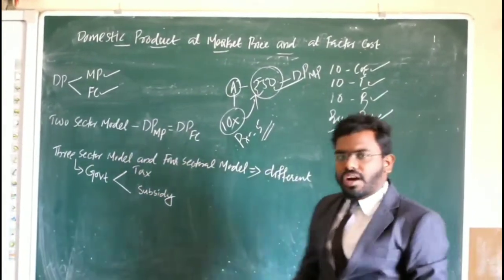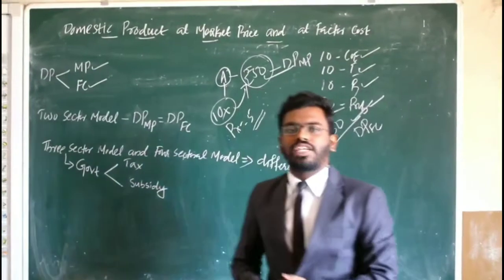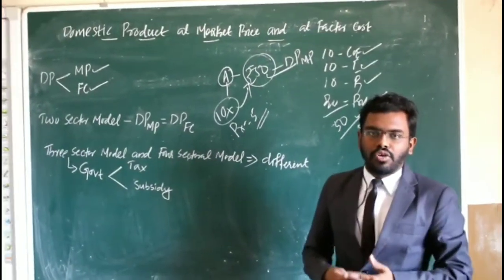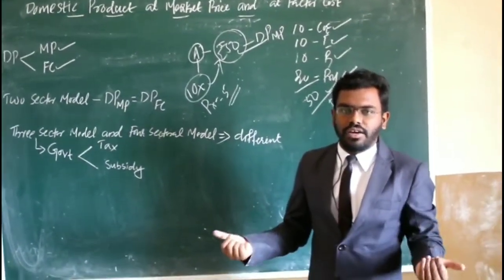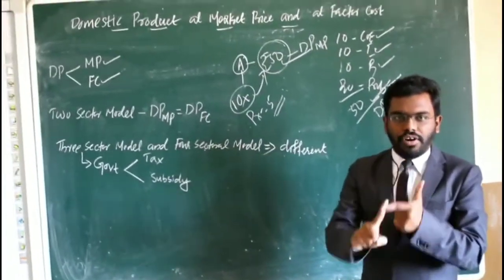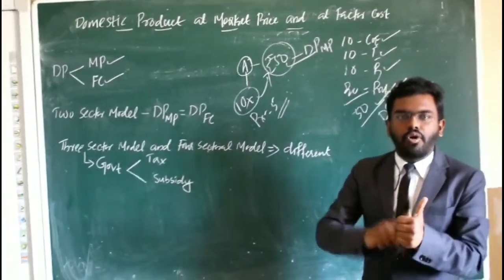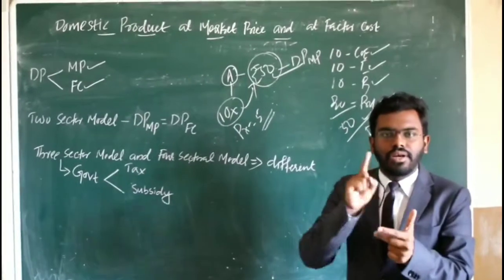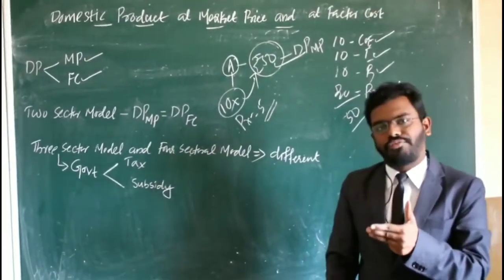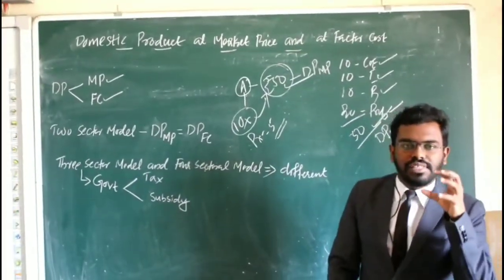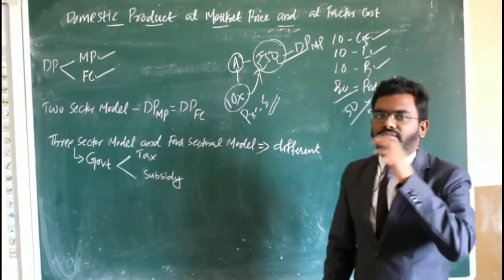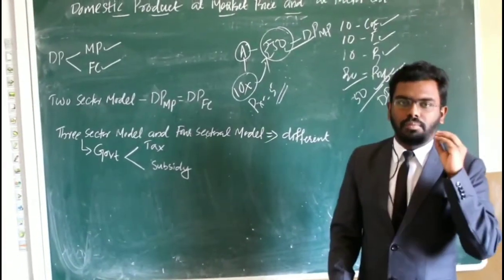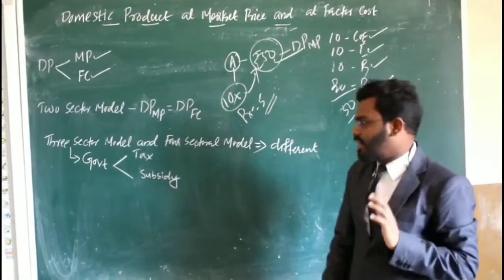But when we come to the third sector model as well as fourth sector model, so in third sector model, which sectors are included? Household, firm, government. Fourth sector model, household, firm, government and rest of the world. So in third and fourth sector model, both will not be equal, both will be different.